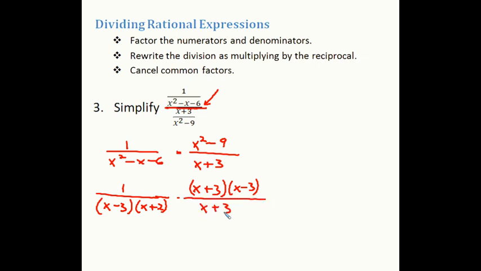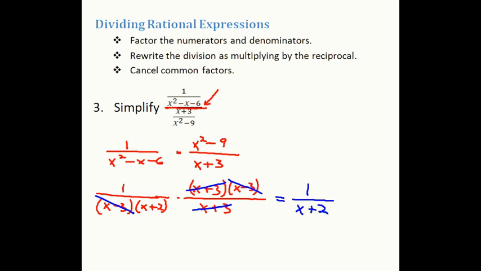Once we have that factored, we can reduce. We have x plus 3 cancels with x plus 3, and then x minus 3 cancels over here. We're left with only a 1 in the numerator. In the denominator, we're left with x plus 2. And so that just simplifies to 1 over x plus 2.